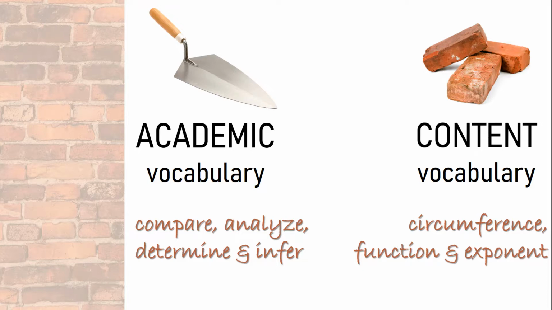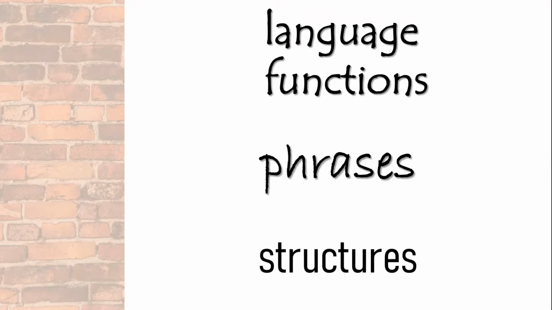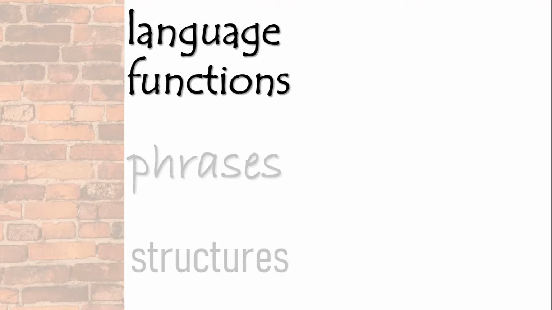But vocabulary is only one aspect of academic language that students need to master if they are to successfully engage in their learning. The three aspects of academic language we're going to consider are all connected to each other: language function, phrases, and structure. The first is language functions. Language functions are the ways we use language when performing academic tasks.